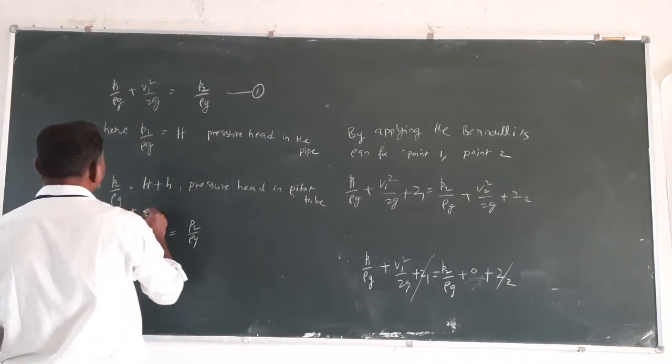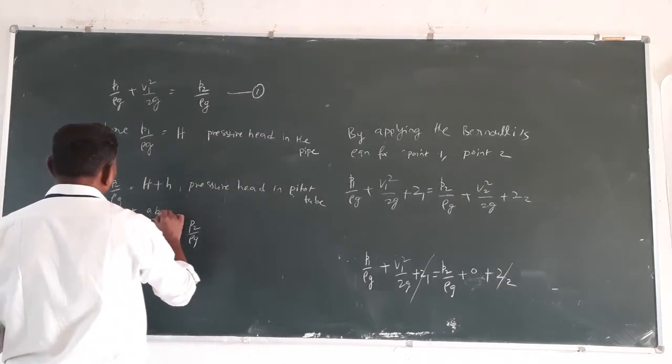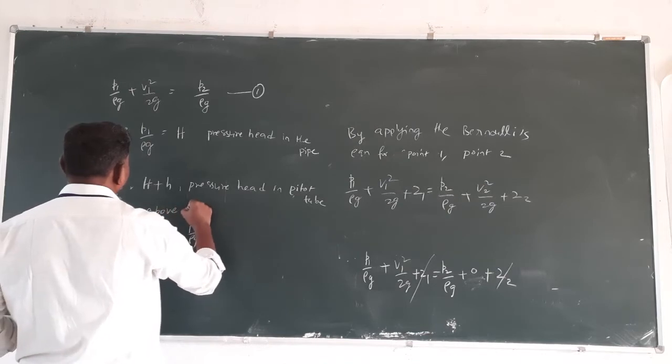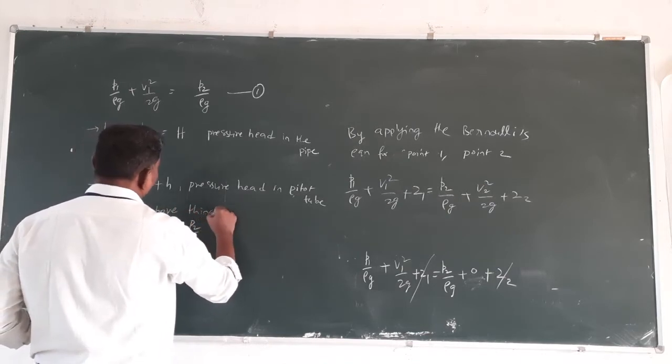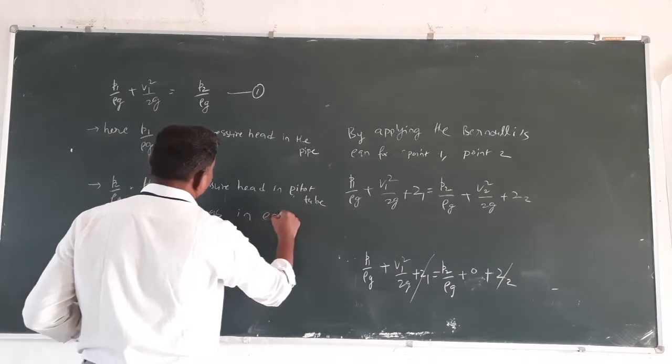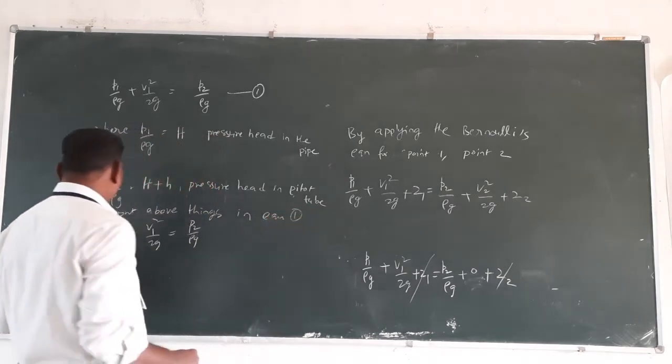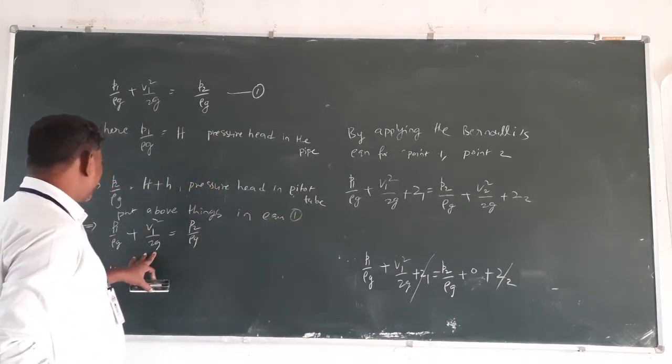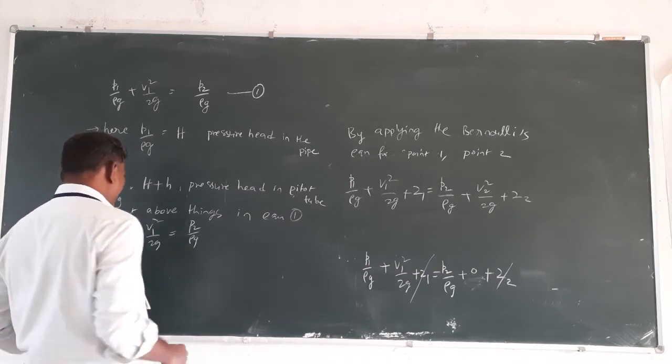Put the above things in equation 1. P1 by rho g plus V1 square by 2g is equal to P2 by rho g.